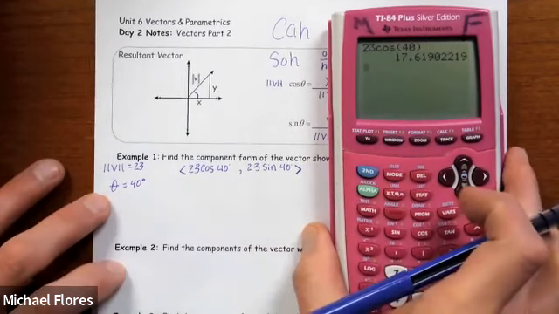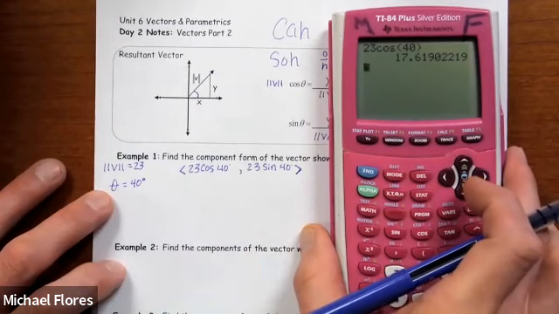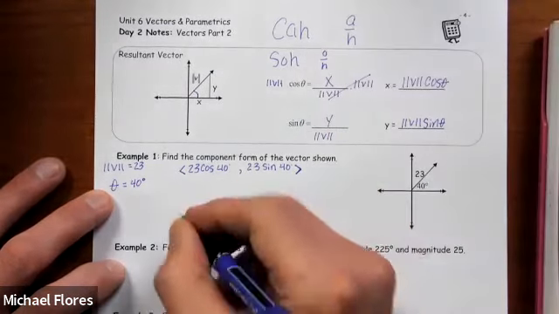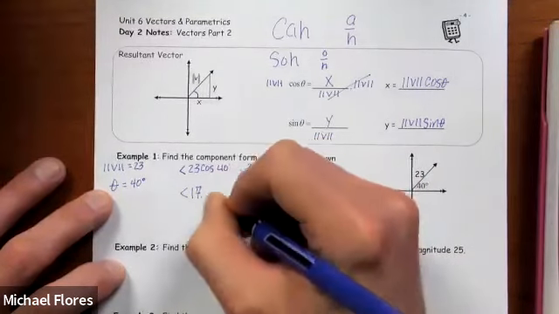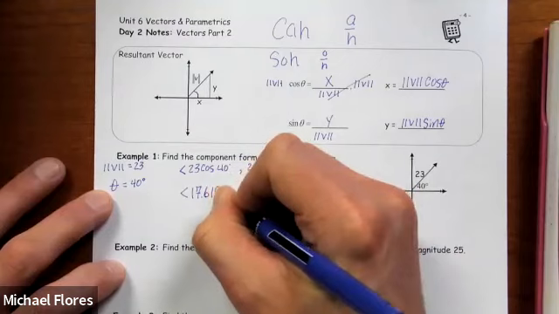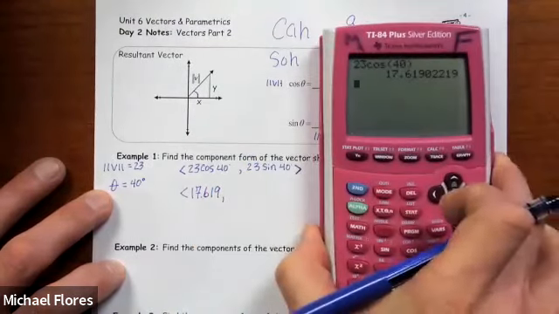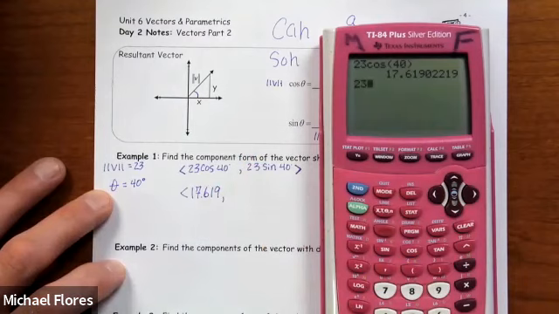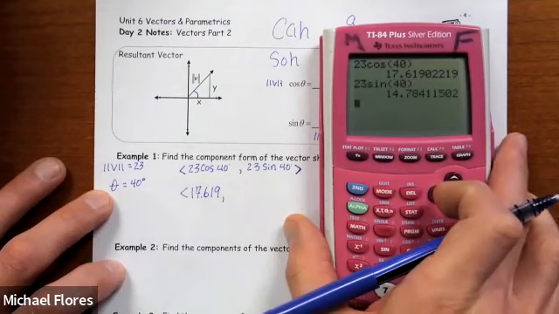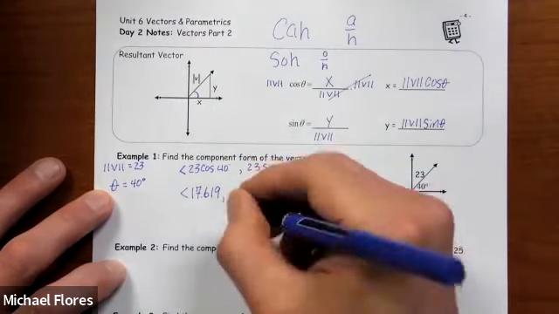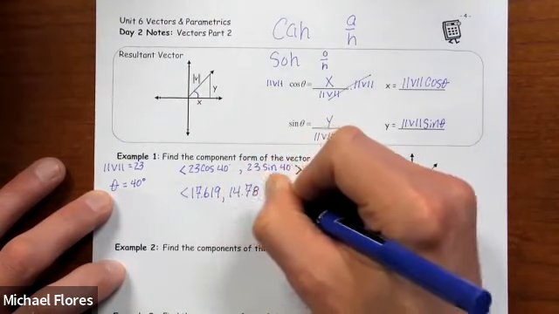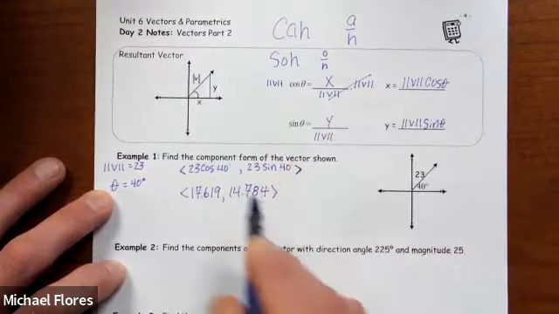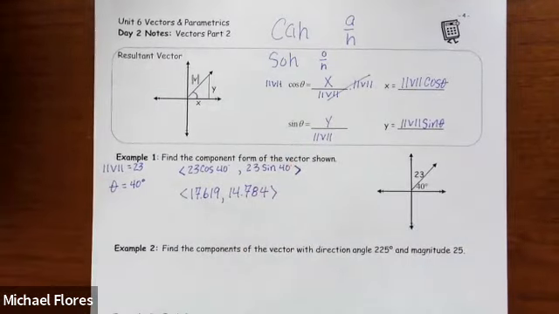And then we're going to need to write that value down, round to 3 decimal places if it does not state otherwise. 17.619. And our sine value is going to be 14.784. We have now found the component form of the vector shown.